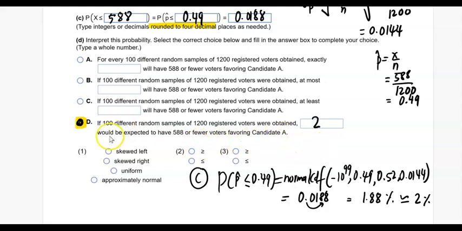That's the interpretation of this probability. The other options say exactly, or at most, which is not true, or they list something else that is not true either. So the answer should be D.